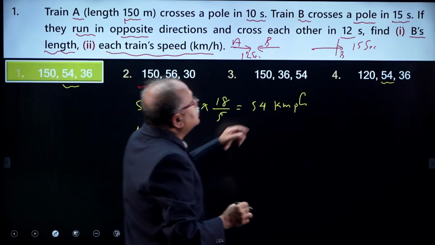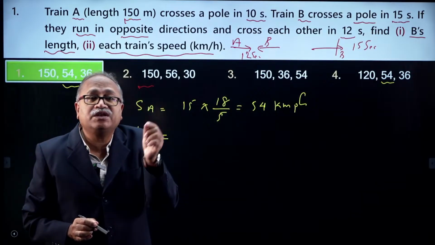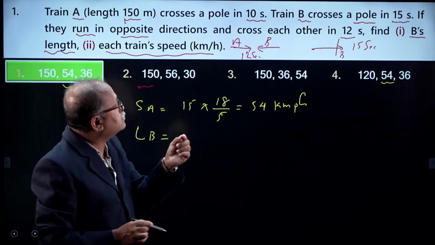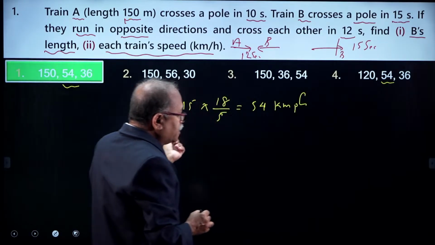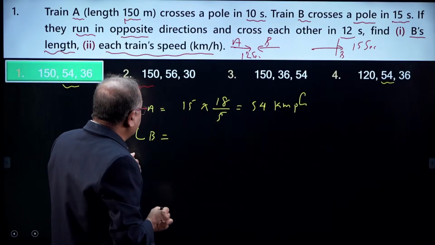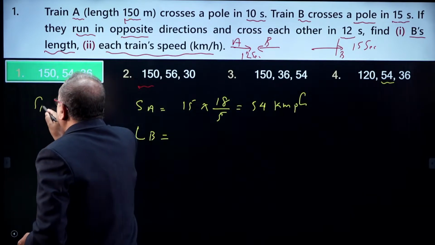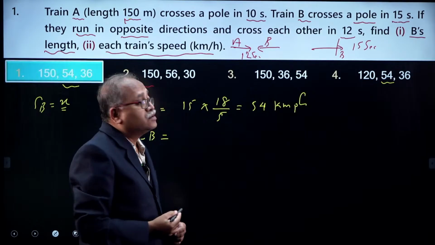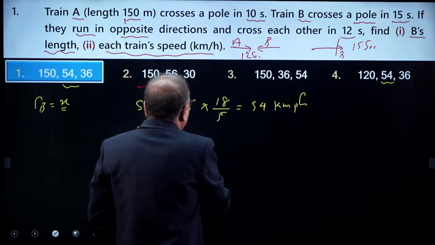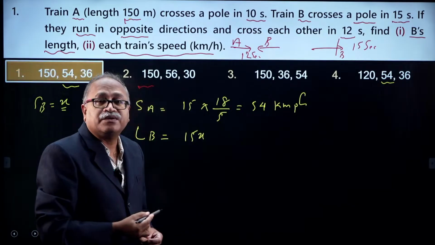The length of B is the distance covered in 15 seconds at speed x, so the length will be 15 into x, that is 15x.